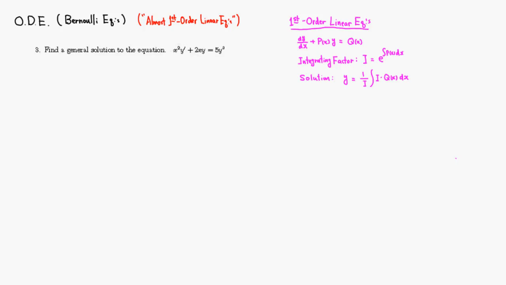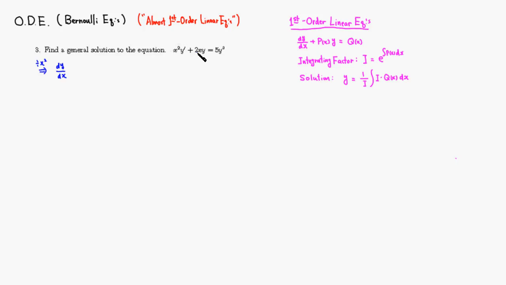Alright, so first I'm going to divide through by x squared. So I'm going to write it as dy over dx instead of y prime.